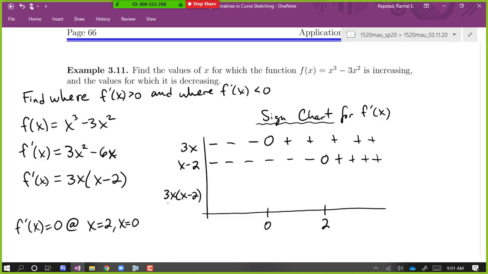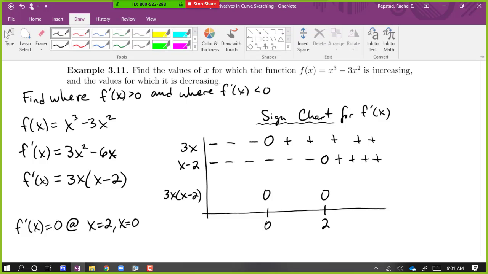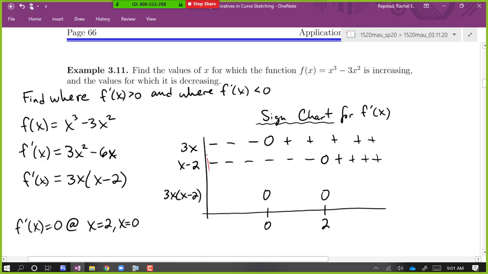Now we're going to put these two rows together to fill out the last row. So the derivative itself is 0 at these two values. We've split up this number line, right? I can see it as 3 intervals: less than 0, between 0 and 2, and greater than 2. At less than 0, 3x times x minus 2 has me multiplying two negatives together.